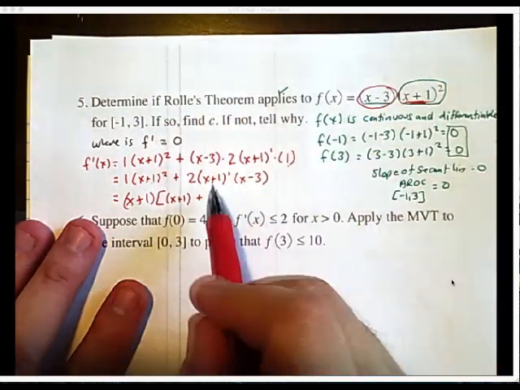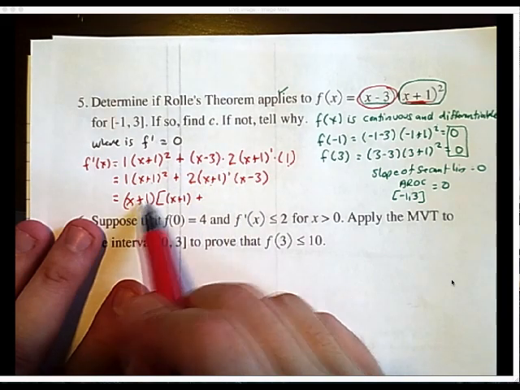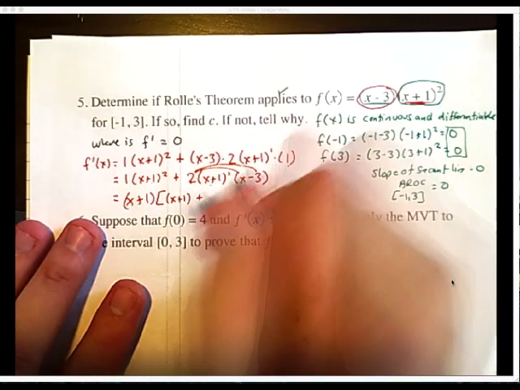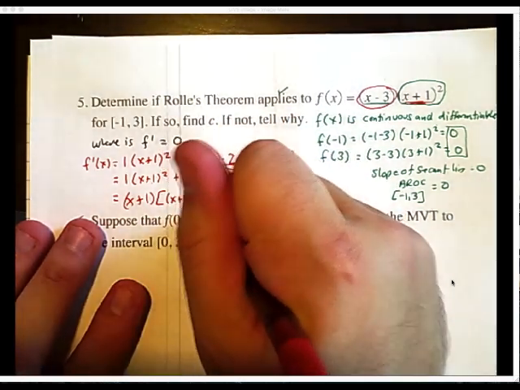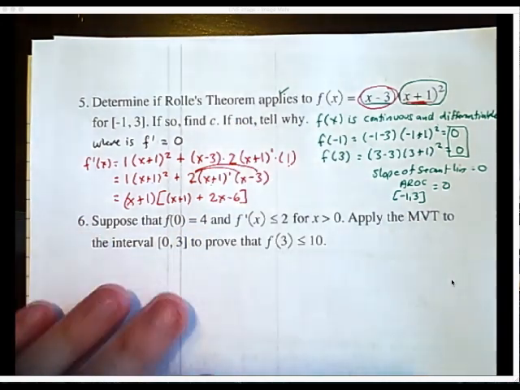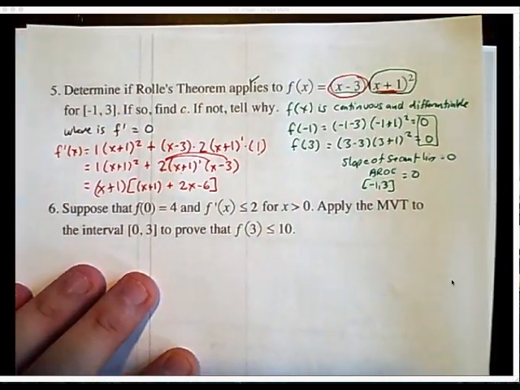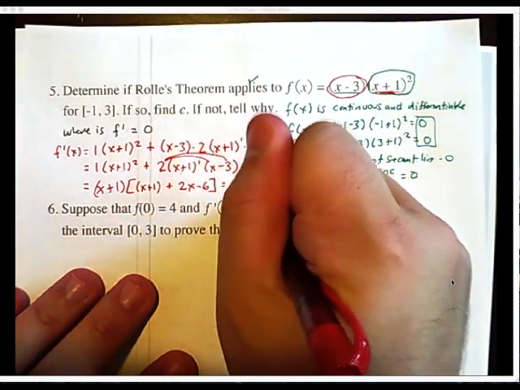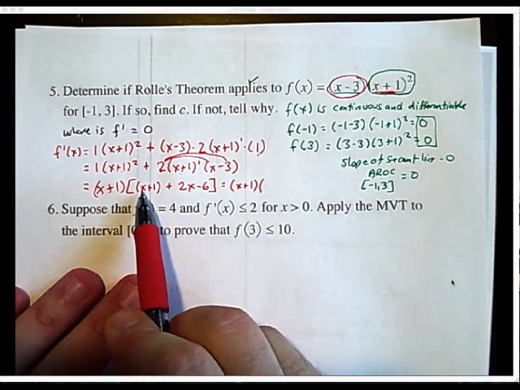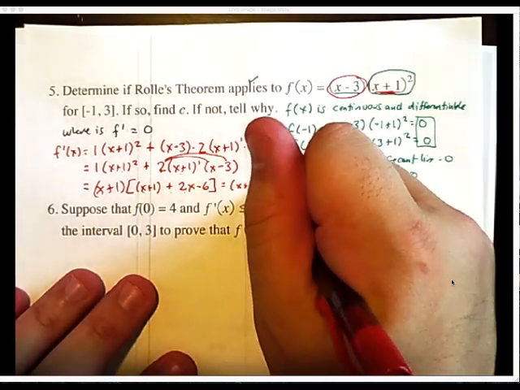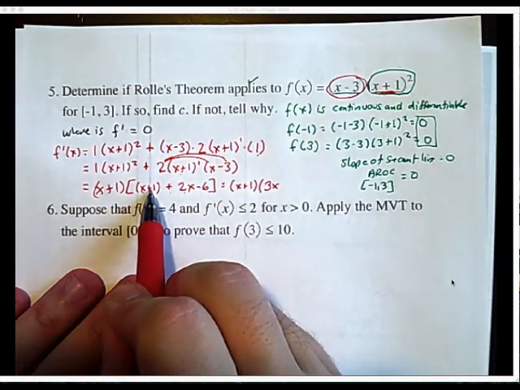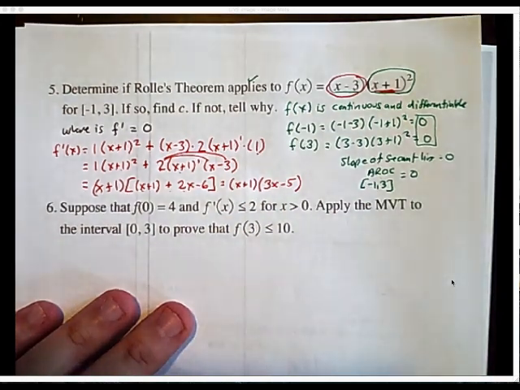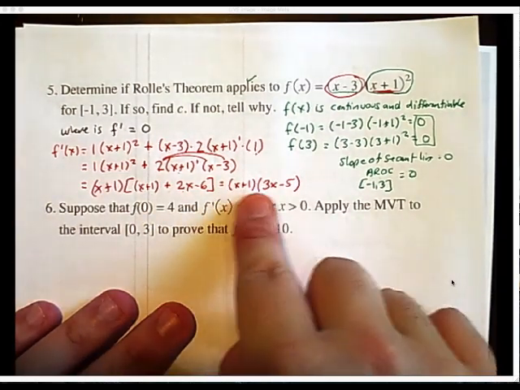Here I have the x plus 1 already taken out, but I still have a 2 times an x minus 3. So I could actually distribute that. It would just be 2x minus 6. So this becomes x plus 1, and inside that big bracket, x plus 2x would be 3x, and positive 1 and a minus 6 would be negative 5. Okay. So that's what the derivative function is.